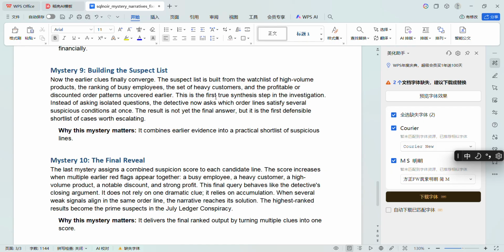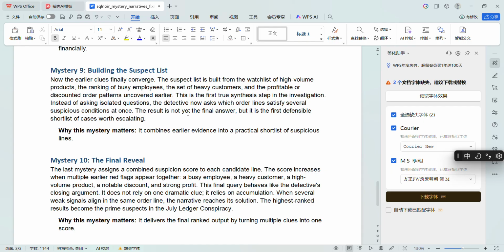This is the first step in the investigation instead of asking isolated questions. The detective will now ask which order lines satisfy several suspicious conditions at once.